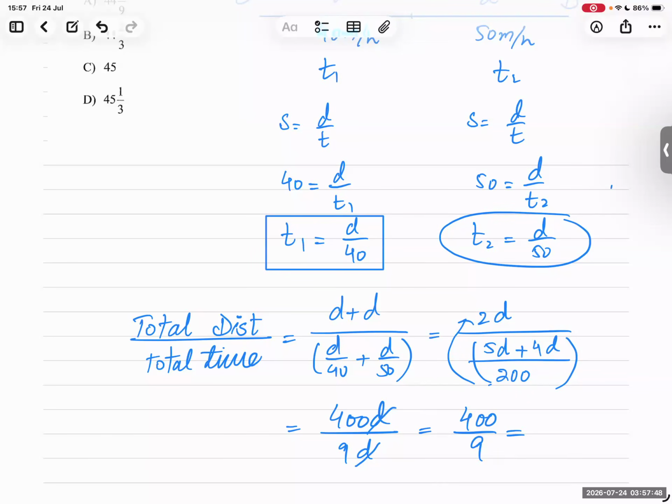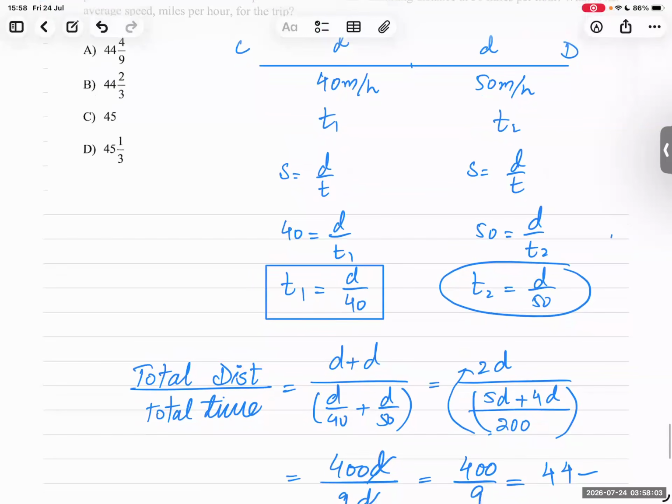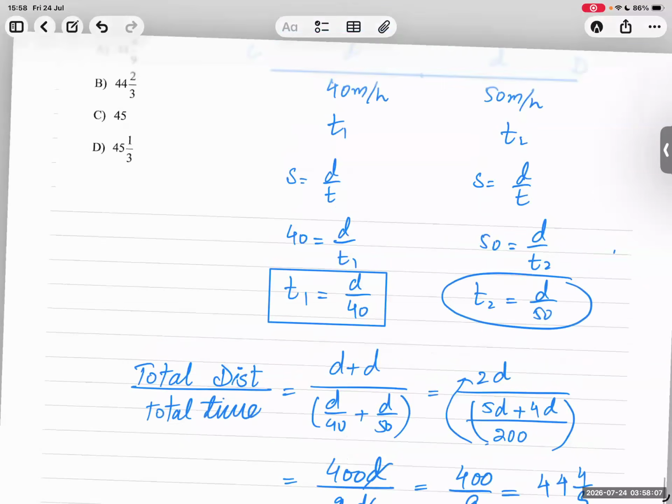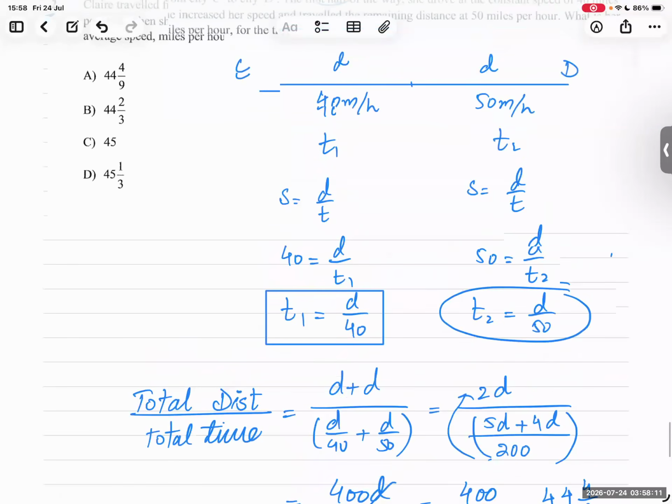That is equal to, 9 4s are 36, so that's going to be 44 and 4 by 9. Yeah.